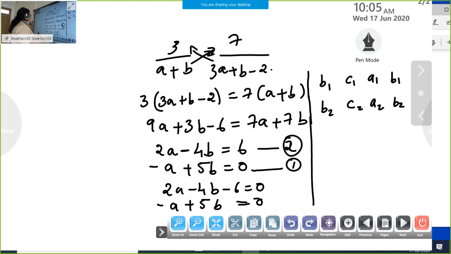The C term is 0. That is, B1 is minus 4, B2 is 5, C1 is minus 6, C2 is 0.